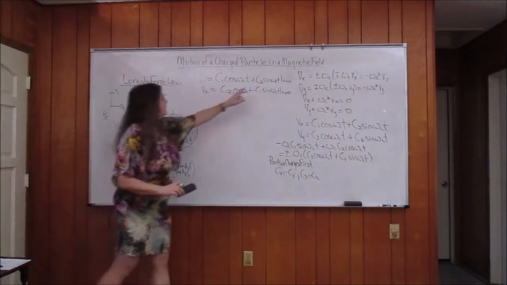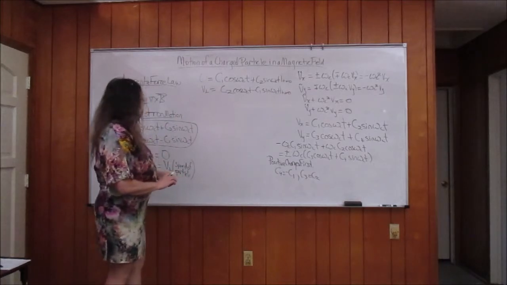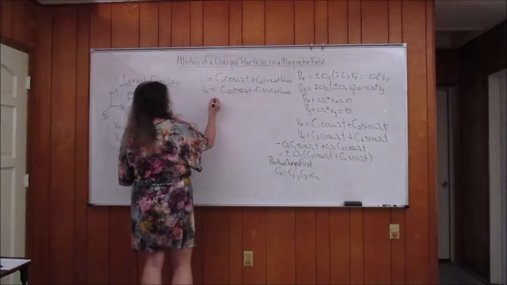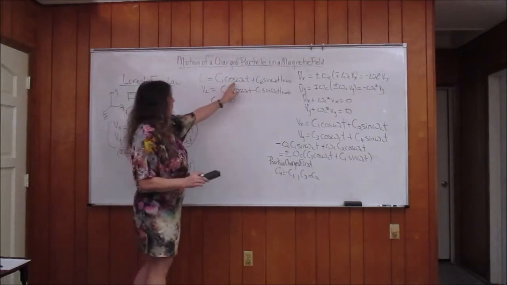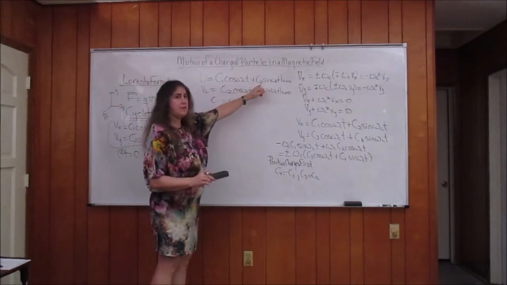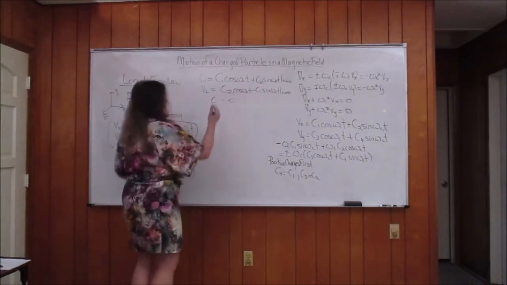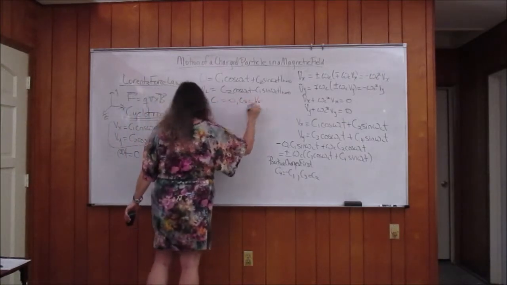See immediately this term will drop out, as this one will. So I'll be left with, if I choose C1 is equal to 0, then this first term will vanish. Second one vanishes automatically at time equals 0. This term vanishes automatically at time equals 0. And therefore we'll be left with C2 is equal to V perpendicular.